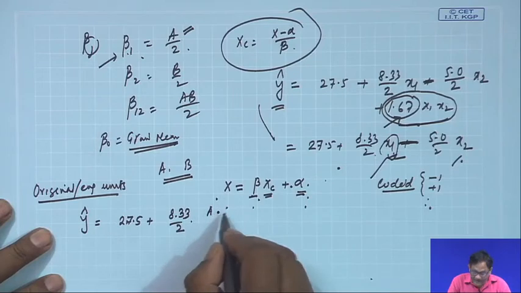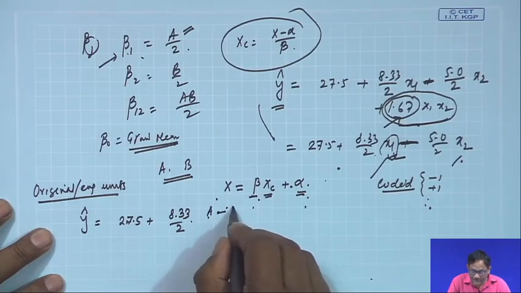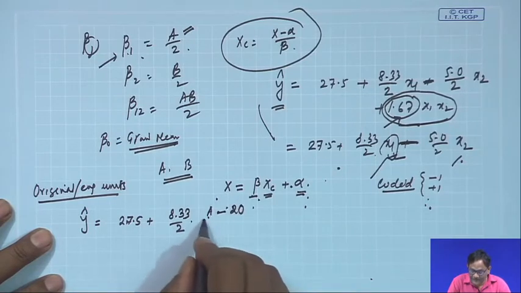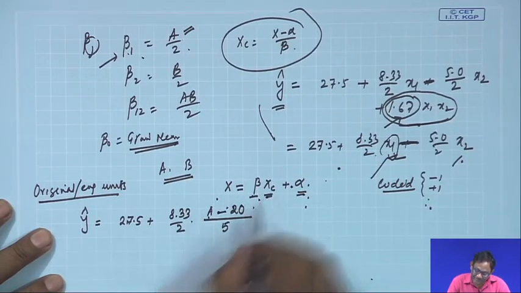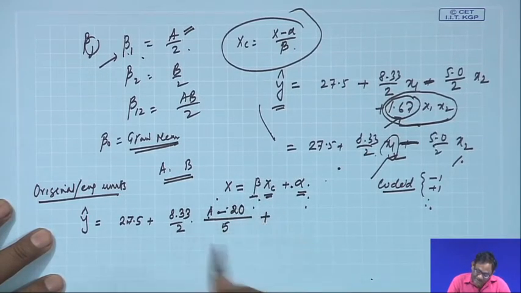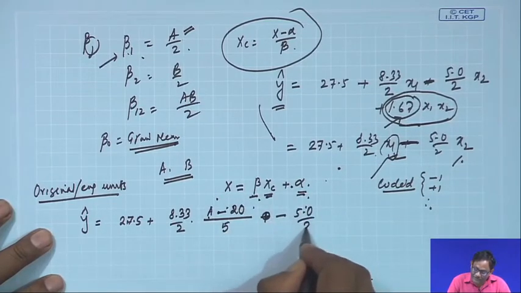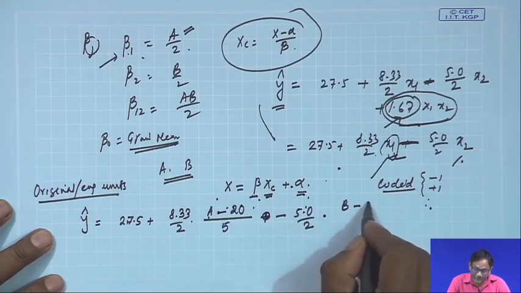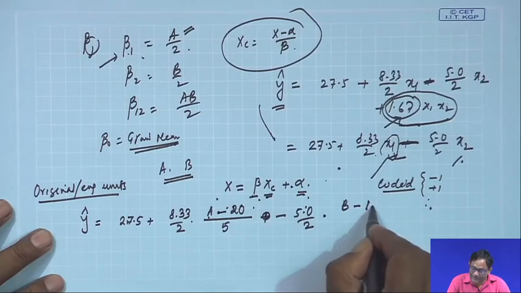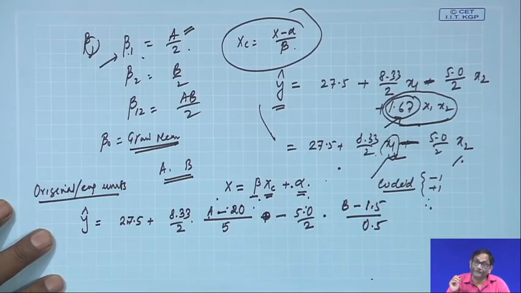So, if we write A, the original value, minus alpha, which is 20, by beta, which is 5, this is my xc. Plus, no, minus 5.0 by 2 into B minus the alpha value 1.5 divided by 0.5.